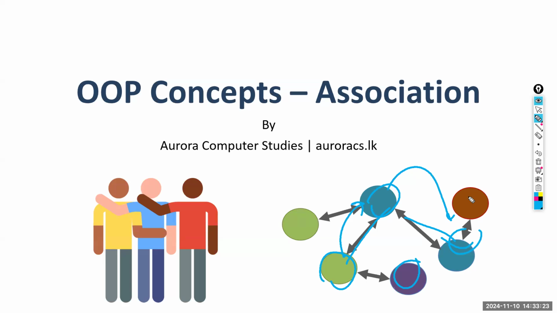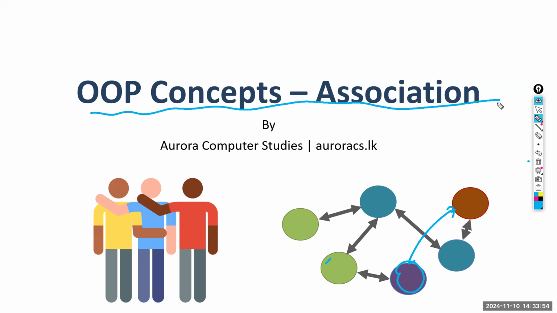So then there's a question, which object can message which other object? For example, can this object message this object and vice versa? Or can one object communicate or message any other object? Or is it just one object or is it many objects? How do you decide which object a particular object can communicate with? So that is what we discuss in association.